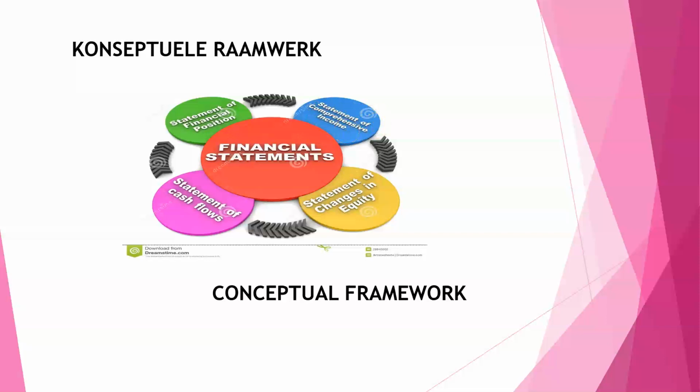What do we record in the income statement? Income less expenses equals net profit for the year. The third thing is our statement of changes in equity. In our statement of changes in equity are all the transactions that the entity that we're busy with conducted with the owners of that entity. If it was a company, it would have been with the shareholders. If it's a sole proprietor, all the transactions done with the owner, the business owner of that entity.